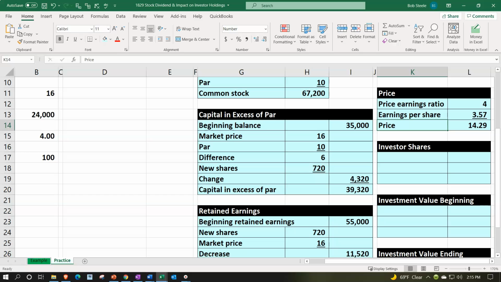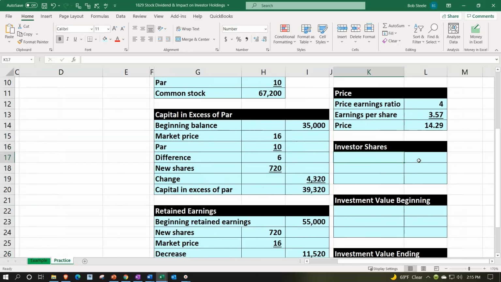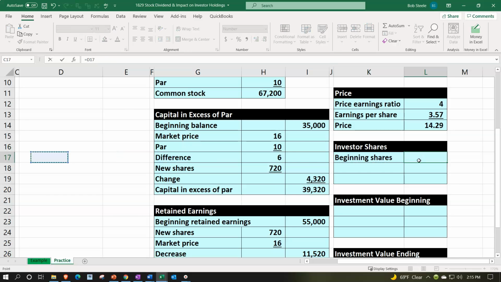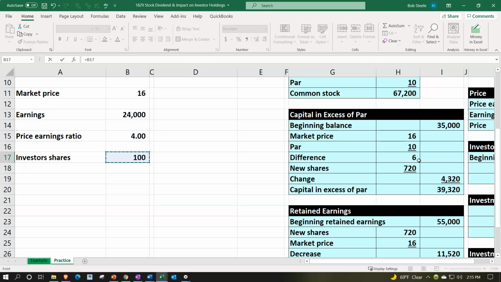14.29. So if that's the case, then we could think about, well, what would happen for our individual investor, thinking about the investor shares, what's their value. So we could think about what's going to happen to their shares, the beginning shares. Beginning shares were at 100. We're assuming this is an individual investor now.